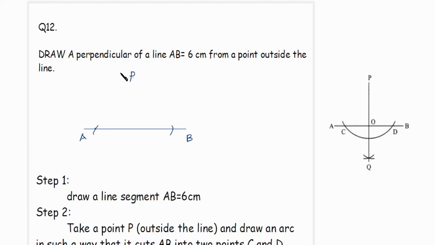After that, take any point opposite to AB. From that point, with the help of the compass, you have to cut two portions on AB. This is the first step. After that, from these cut points, place the compass and make a cut.